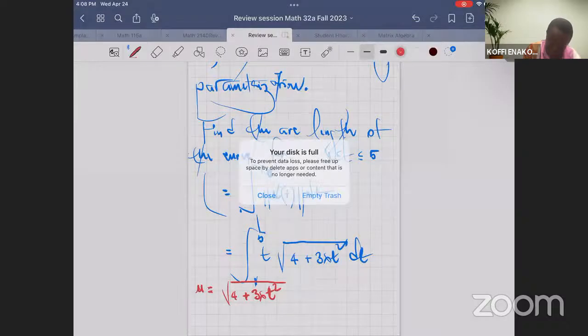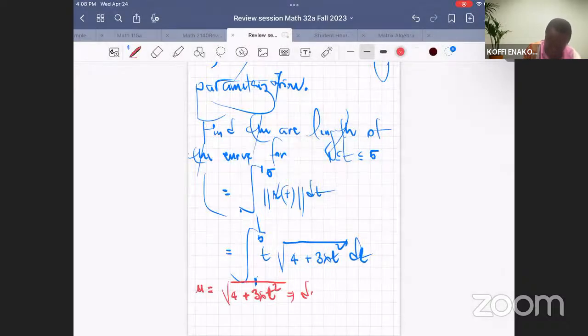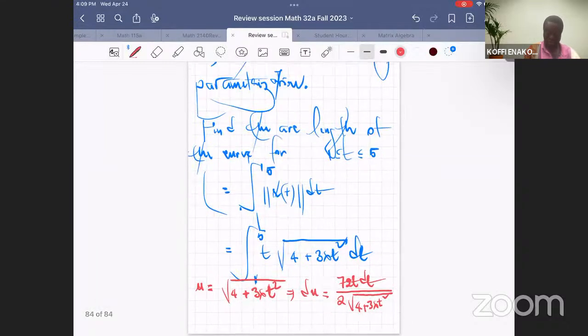For that, I have du, that is 72 t dt divided by 2 root of 4 plus 36 t squared.